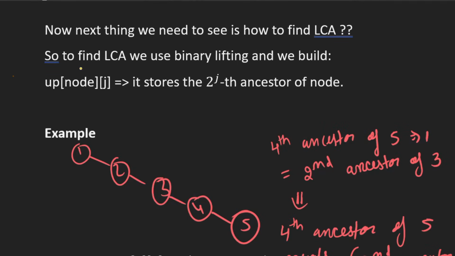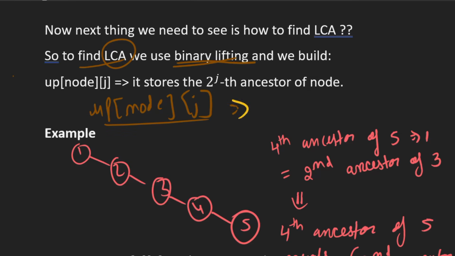Now to find the common ancestor or least common ancestor, we'll be using binary lifting. And to use binary lifting, we build a 2D array up of node comma j. So what does this mean? This will store the 2 to the power jth ancestor of this node, right?